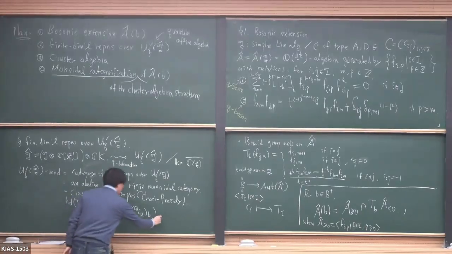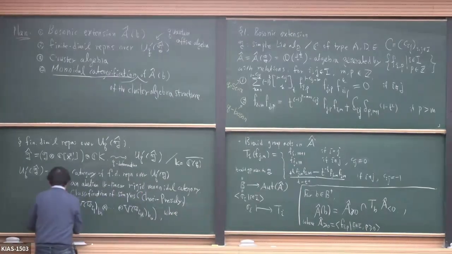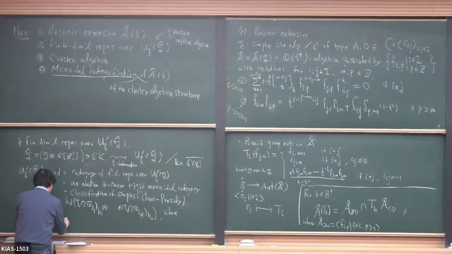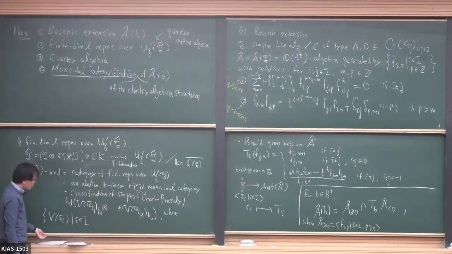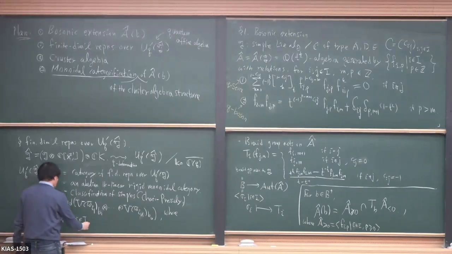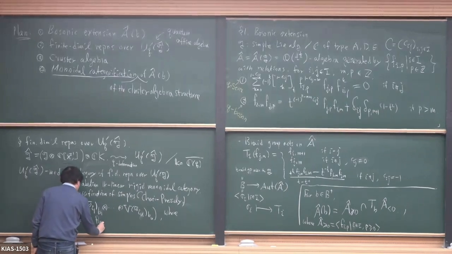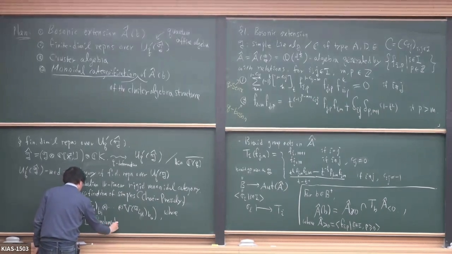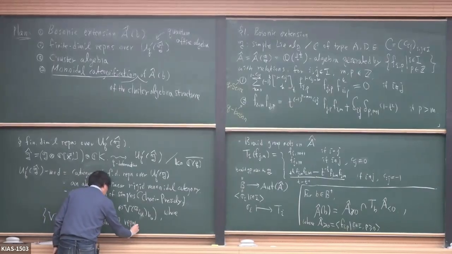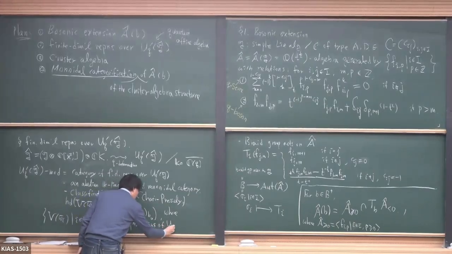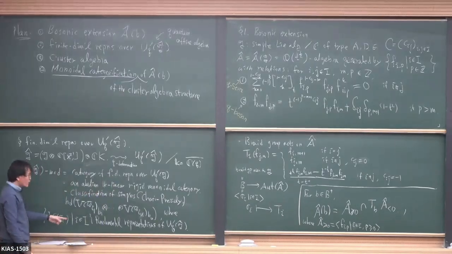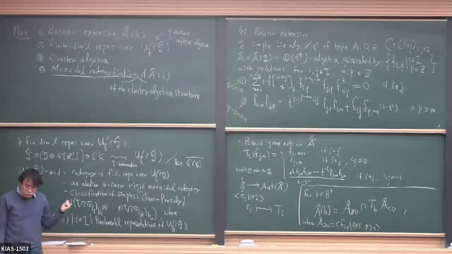Here I is the index set of the finite dimensional simple algebra G, and V_i are the fundamental representations of our quantum affine algebra. There is some automorphism on this quantum affine algebra, which gives you the spectral parameter shift.